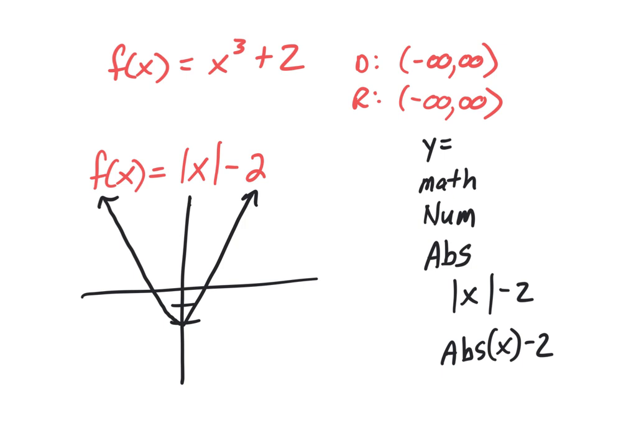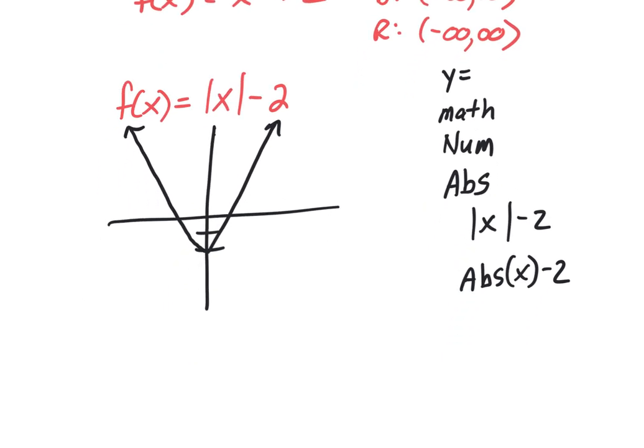Everybody find that button okay? And then this graph is very similar to the one that we did with the quadratic a little bit ago. Your domain is still negative infinity to infinity. Your range goes down to -2.